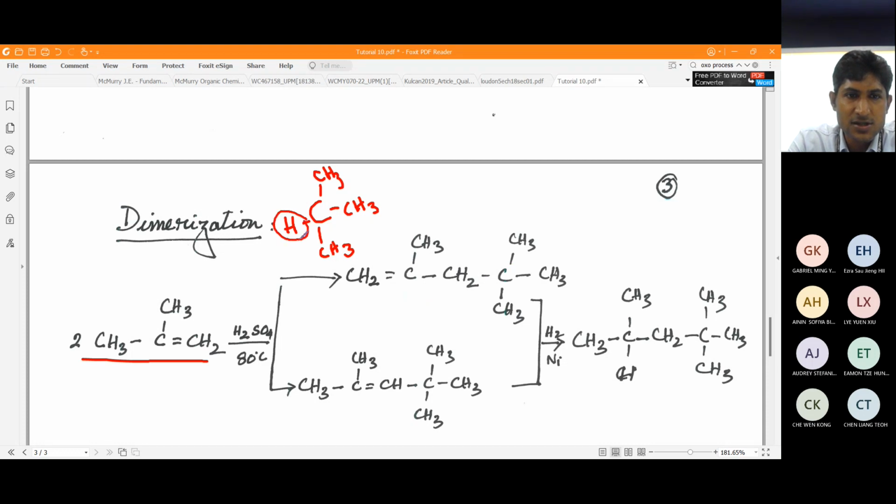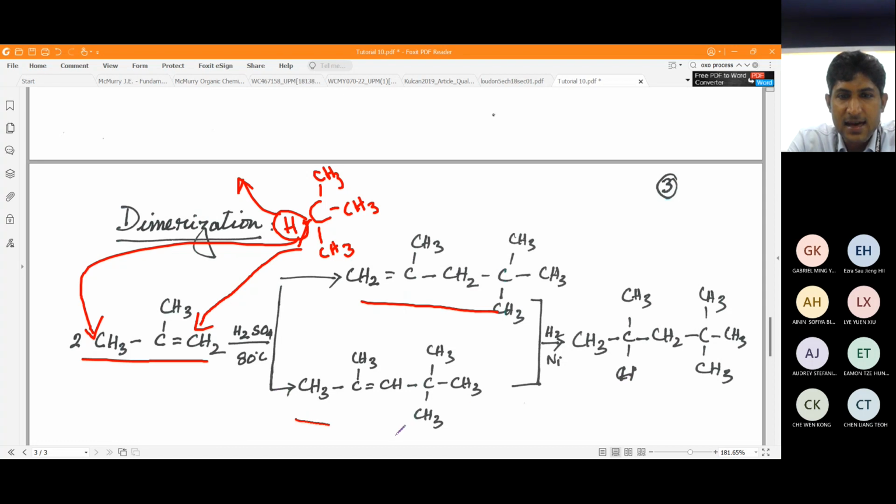This hydrogen goes away, and one bond is formed with this carbon. So this is one of the products. Another way it forms, this carbon attaches to a methyl group, and they form another compound.